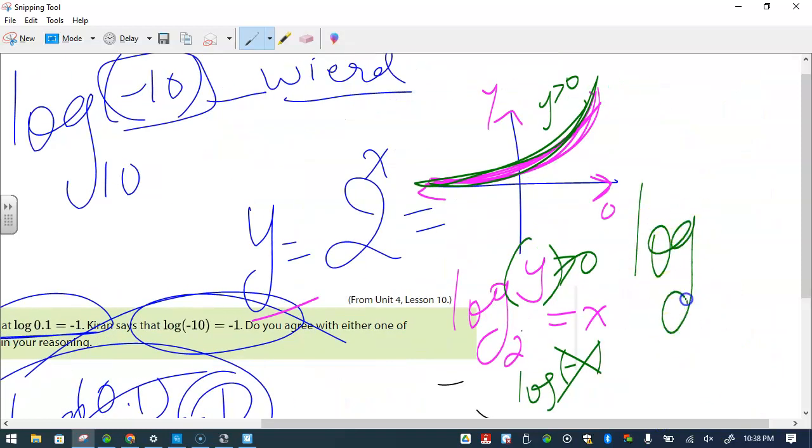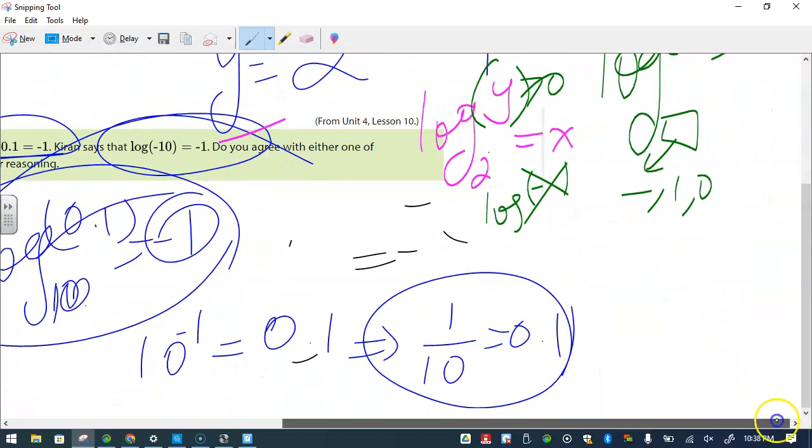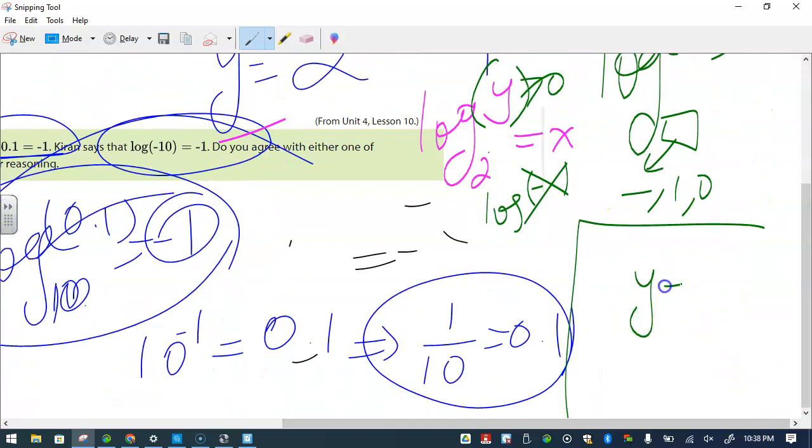You can't have logarithm of a negative to whatever the base, and you can't even have the base as negative, or 1 or 0. The reason is when you talk about the exponential y equals 2 raised to x, this is defined.